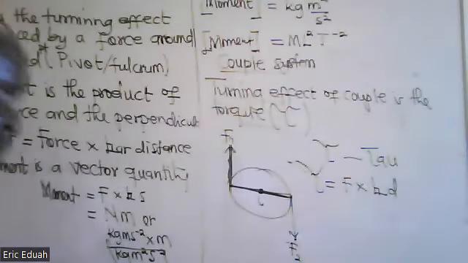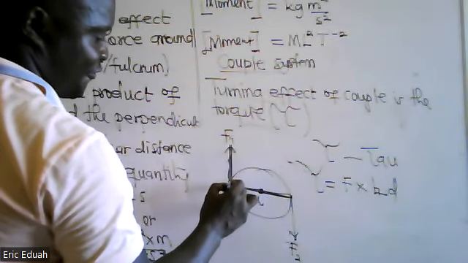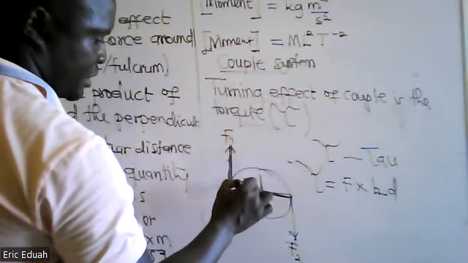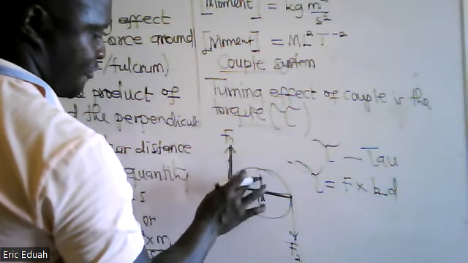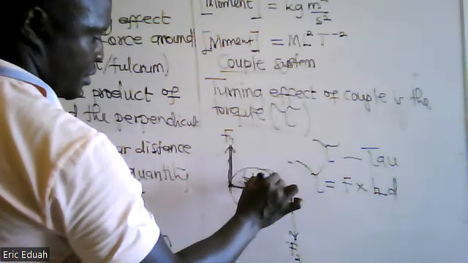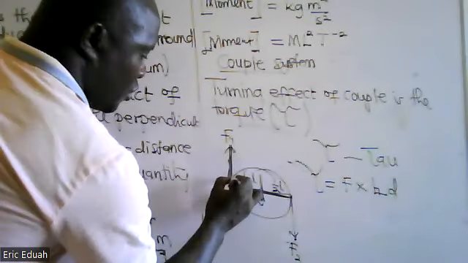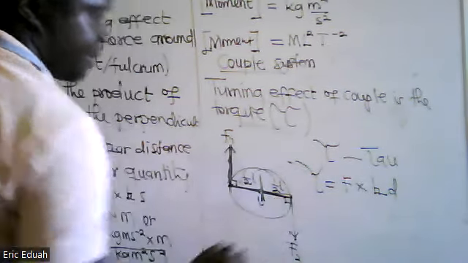So because this length is L, the distance from one force to the pivot would be half of L. So this becomes the perpendicular distance.